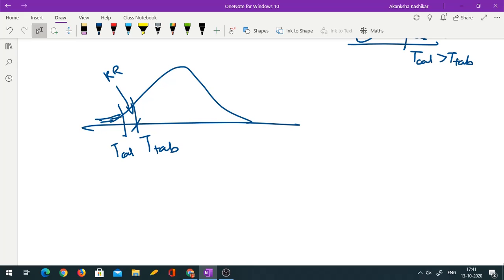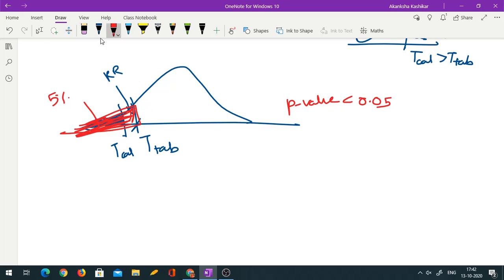Now the p-value, we know, is the left side probability of the calculated value. So the p-value is this, the probability of this region. What I know is the tabulated value has been chosen in such a way that the probability of this region, the red thing, is 5%. So it means that my p-value will be less than 0.05.